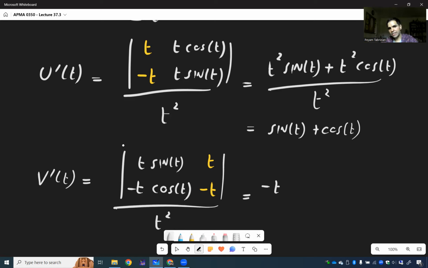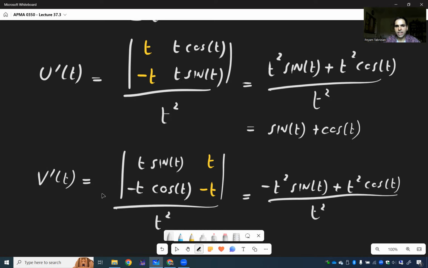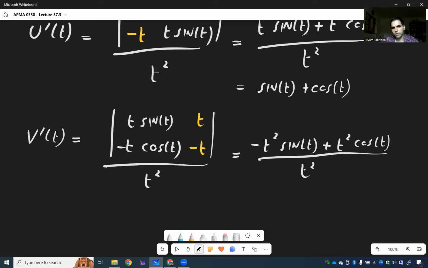And that becomes minus t squared sine of t. So yeah, minus t squared sine t, and then plus t squared cosine t over t squared. And so we end up getting this time minus sine of t plus cosine t.